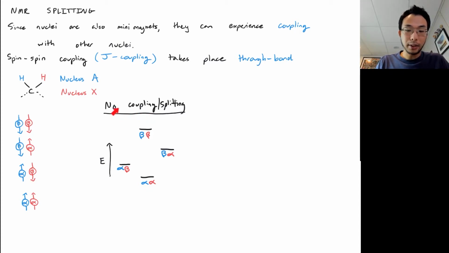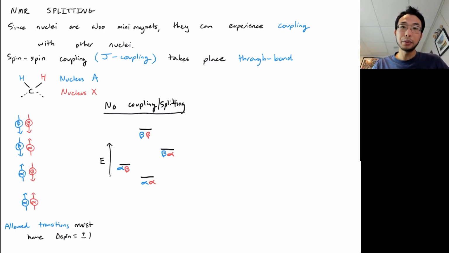This applies to a case where the two nuclei, the two protons here in this molecule, are symmetrically equivalent. So they are chemically in the same environment and they are magnetically equivalent. Another piece of physical chemistry that we'll just have to understand to be true is that with all of these energy levels, it's not the case that you can just jump between any of these energy levels at will.